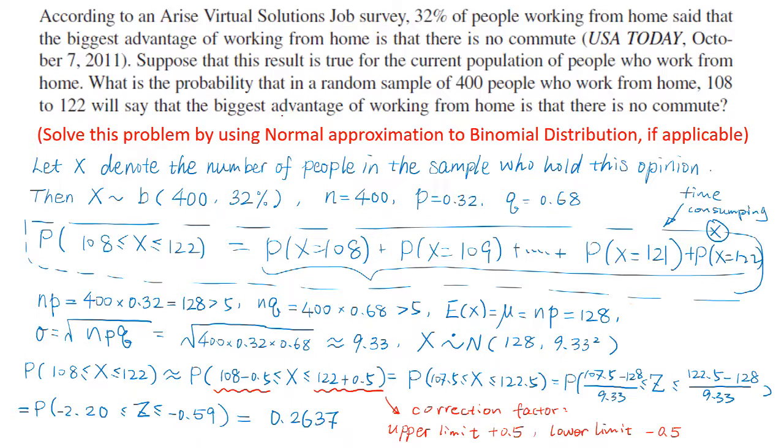When you use normal distribution to approximate a binomial distribution, you need to apply the correction factor here, with upper limit plus 0.5 and lower limit minus 0.5. All right? Any questions?